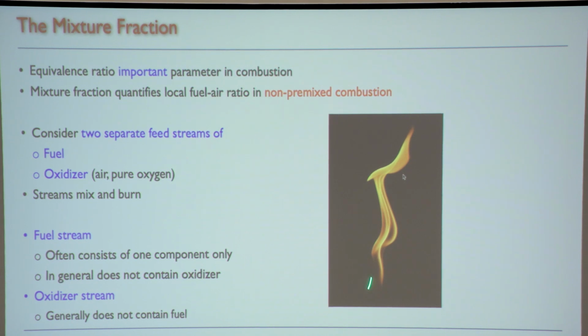In a non-premixed flame, as I showed you earlier, we have two separate streams. We have the fuel stream, which in my experiment with the cigarette lighter comes from the bottle. The second one is the air, which is just the environment, but it could also come from a different nozzle if you have a closed system. So these two mix and burn.